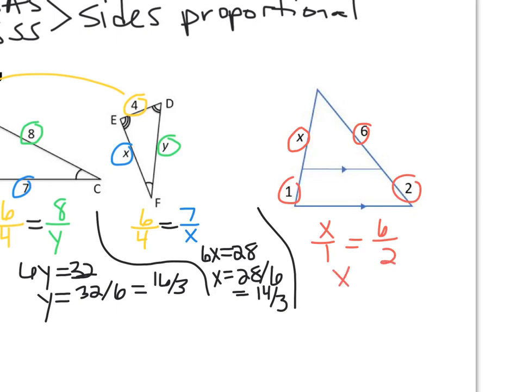Well, x over 1 is just x, and 6 over 2 is 3. So that's a way I could do it. I could have, in a different color, done x over 6 equals 1 over 2. Once again, when I solve that, I'm going to get 3.